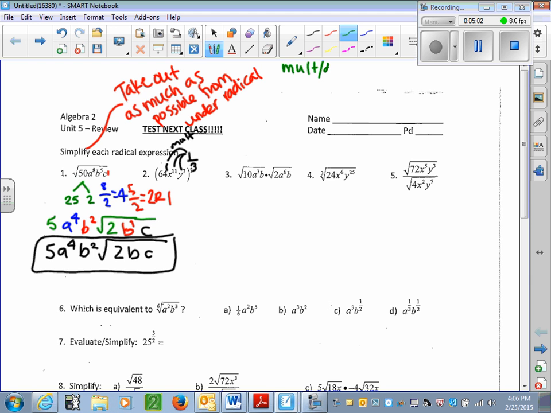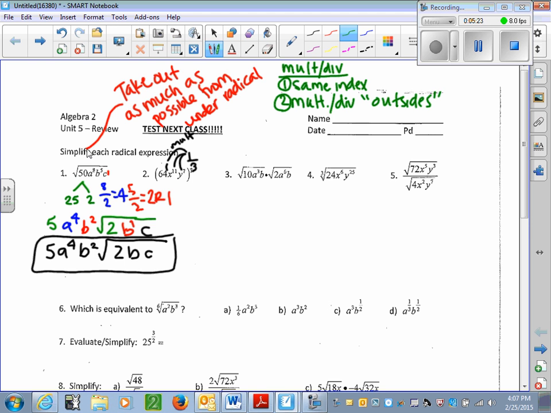Multiplying or dividing. Step 1, I need the same index. Step 2, if I have the same index, remember I said you multiply the outsides or divide, whatever it's telling you to do.